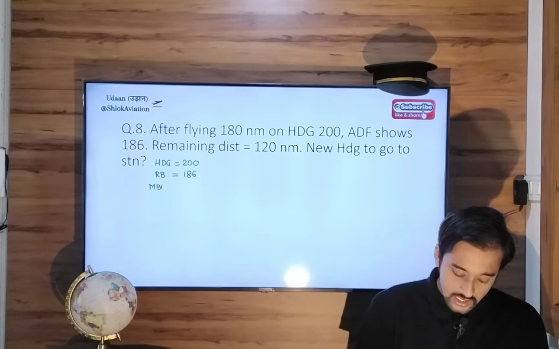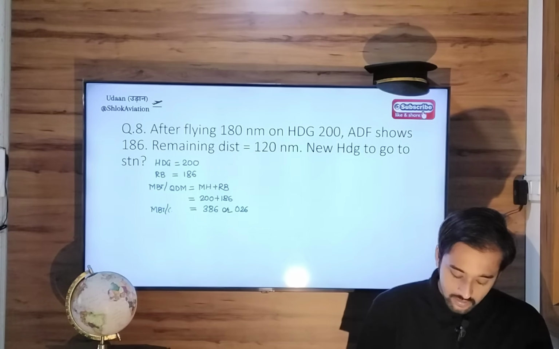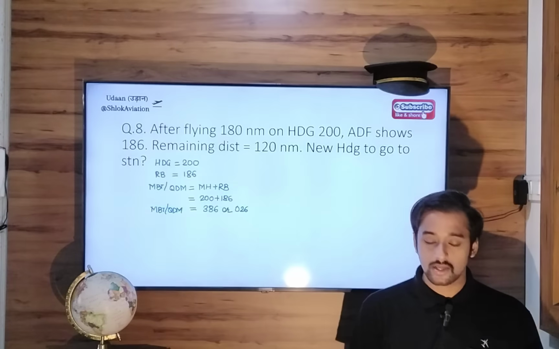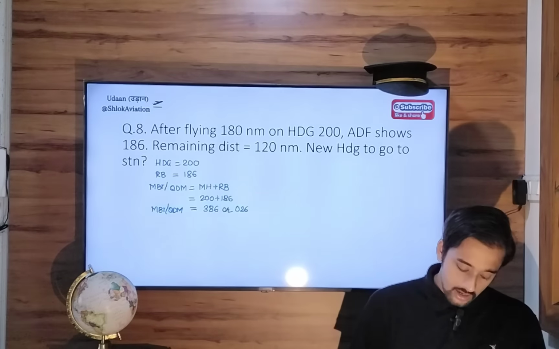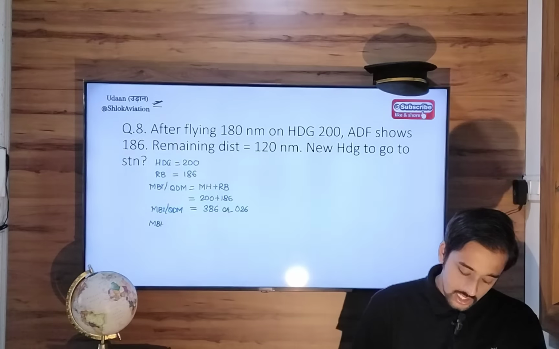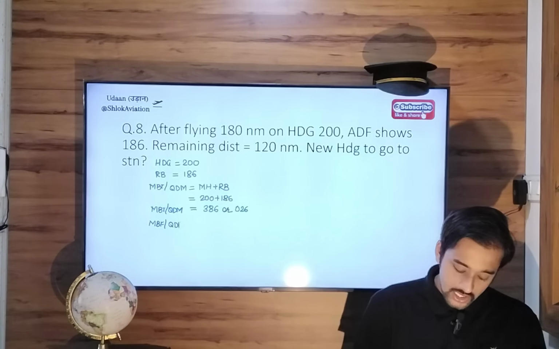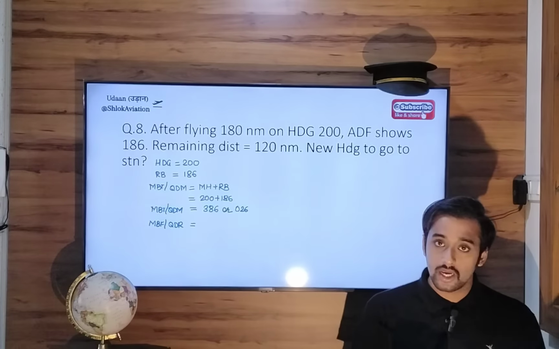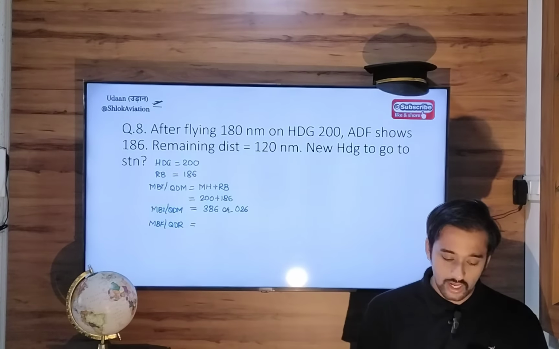Is 26. So magnetic bearing to the station, or QDM, is 026. So magnetic bearing from the station, or QDR, that is track away from the station, will be 026 plus 180, which is 206 degrees.